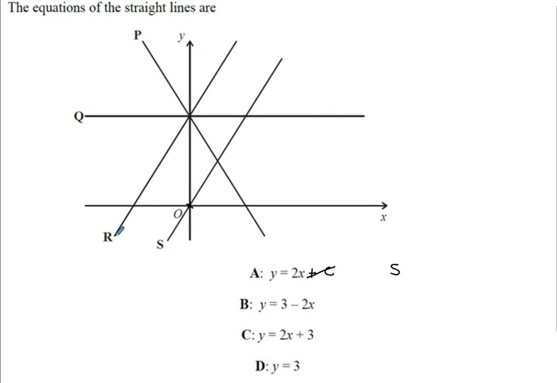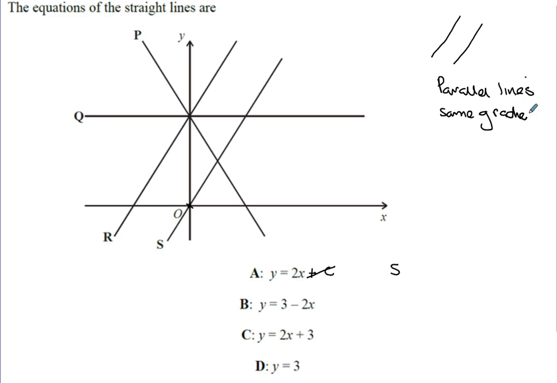And then what I've also noted is that that line is actually parallel to S. Now when two lines are parallel, it means they've got the same gradient because they have the same steepness. Yeah, so parallel lines, same gradient.